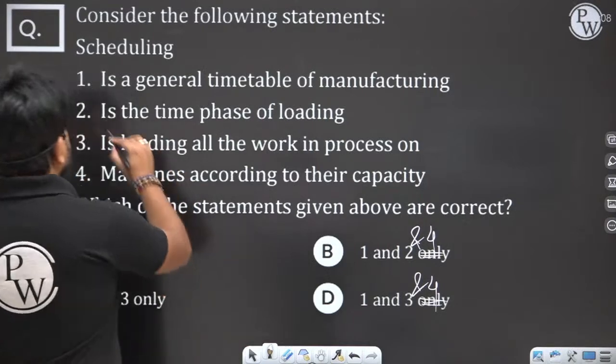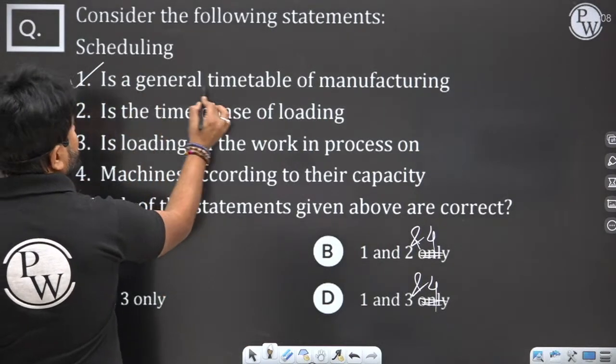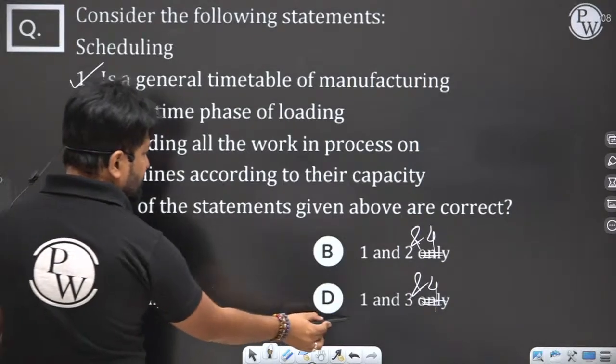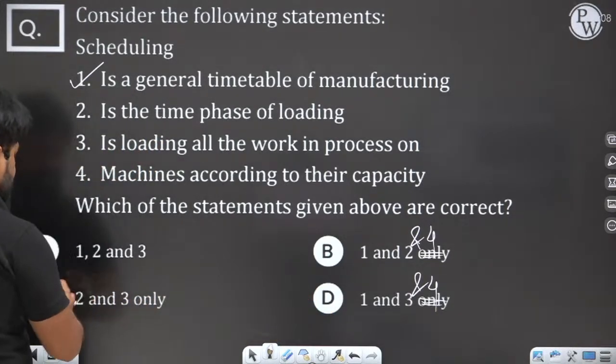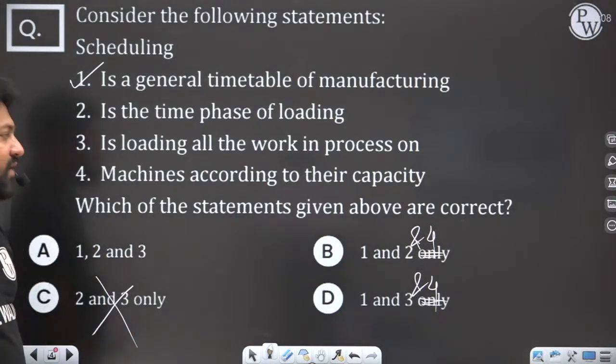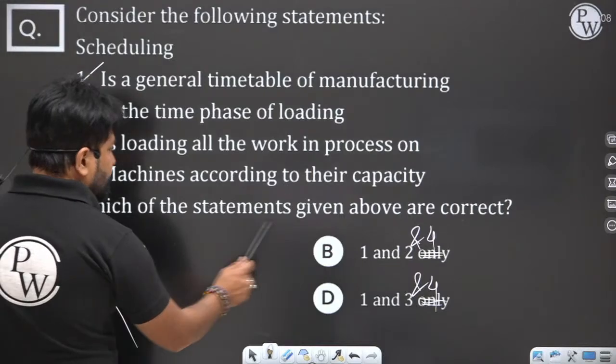So first is right. It is a general timetable of manufacturing. So either option D, B or A. Second is not my answer, C is not my answer. First is the correct one, so the options are A, B and D.